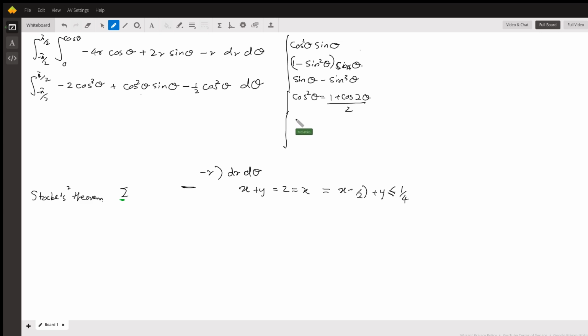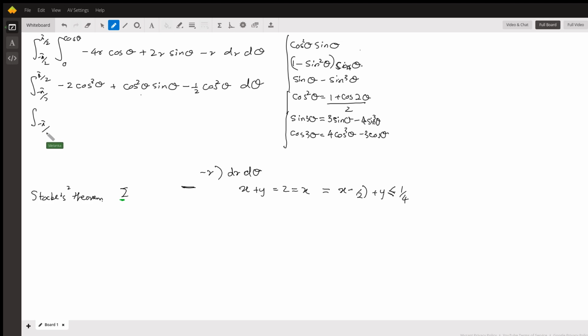If you have these formulas, sine 3 theta is equal to 3 sine theta minus 4 sine cube theta, and cosine 3 theta is equal to 4 cosine cube theta minus 3 cosine theta.